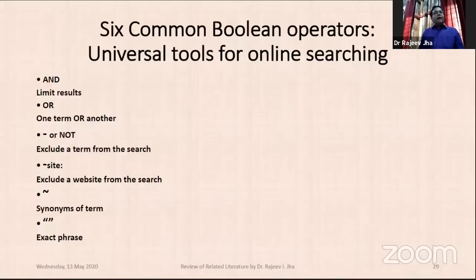You can use a minus sign or NOT to exclude a term from the search, or you can put a minus in site, that means exclude a website from the search if you don't want any websites coming up in the search results. You can use a tilde sign for synonyms of the term. You can use inverted commas for an exact phrase. Next slide.